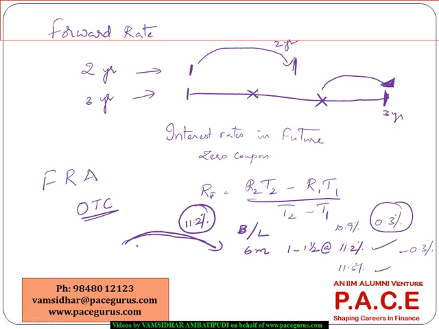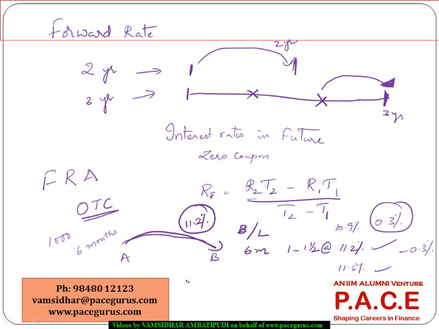So we can very well assess based on this interest rate. Let's say in the same example, A and B have got into an agreement. A says that he is ready to borrow from B 1 year later some $1,000 for 6 months. After 1 year, for 6 months he is going to borrow at 11.2.